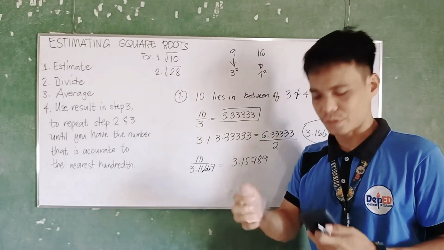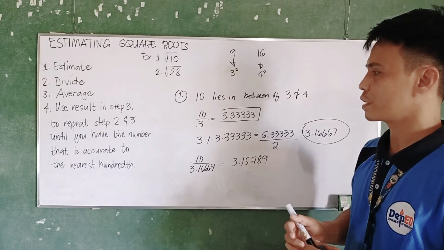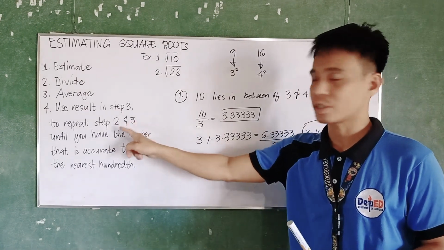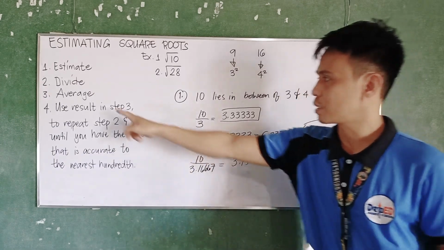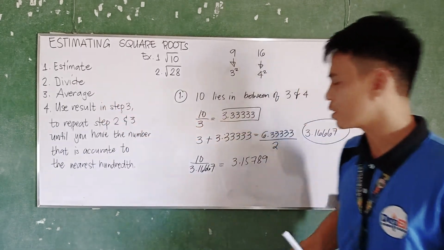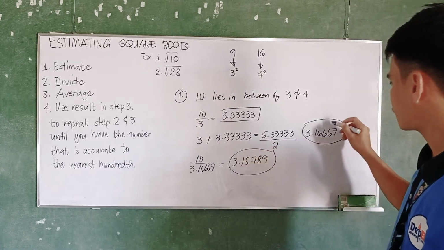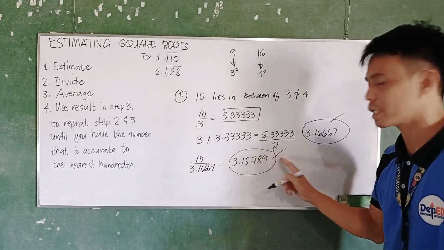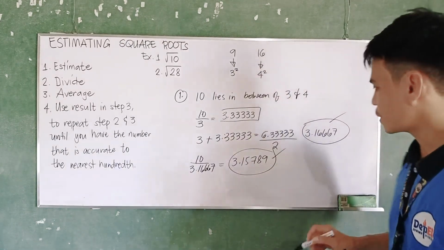Okay? Since we have our answer here, babalik tayo sa step number 2 and 3, so gagawin natin is to get the average. So anong average yung gagamitin natin? The two answers we have computed a while ago. So yun yung i-add natin and divide by 2.